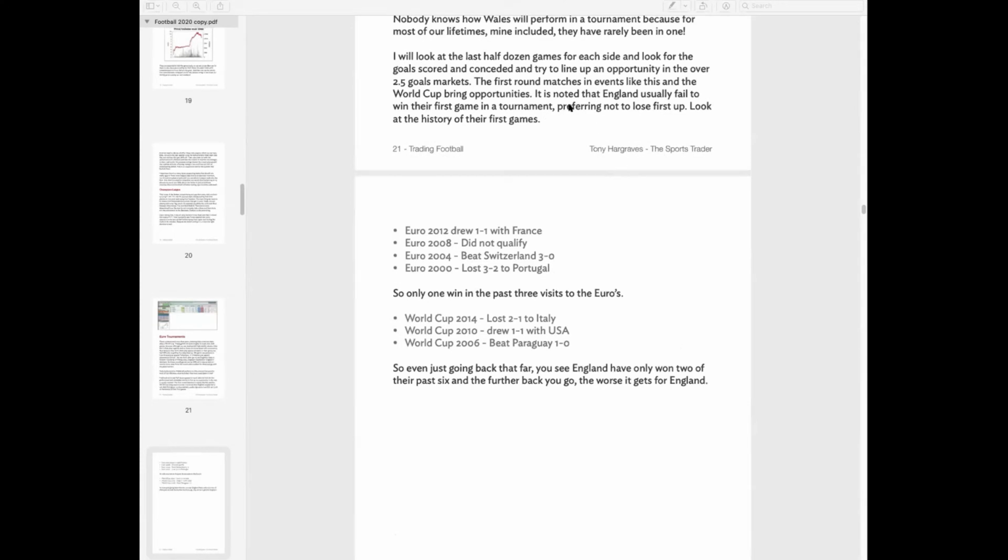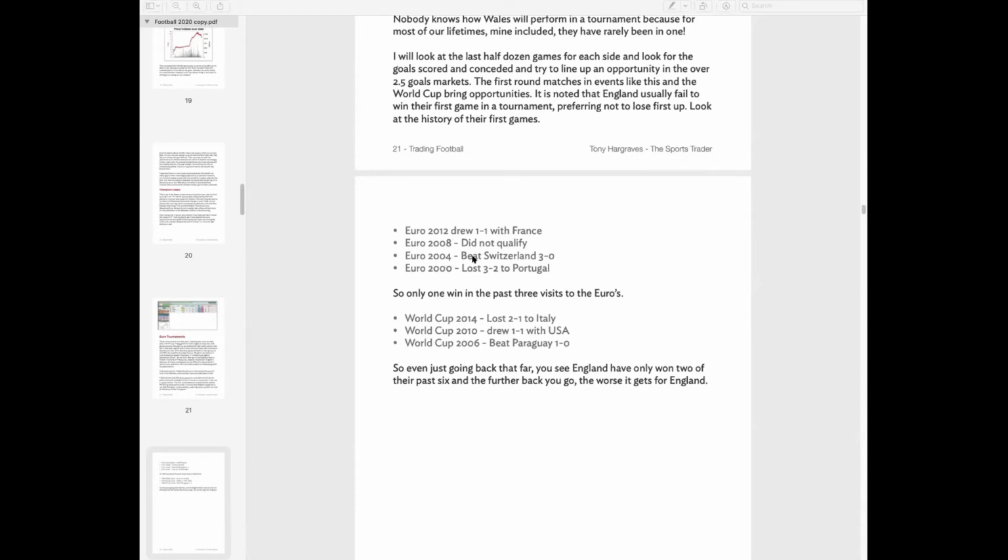You look at the first round matches, like I mentioned, you look at England's record and they usually fail to win their first game in the tournament, that they prefer not to lose. Losing the first game really puts you on the back foot. So if you look at the history of their first games, in Euro 2012, they drew with France. They didn't qualify in 2008.